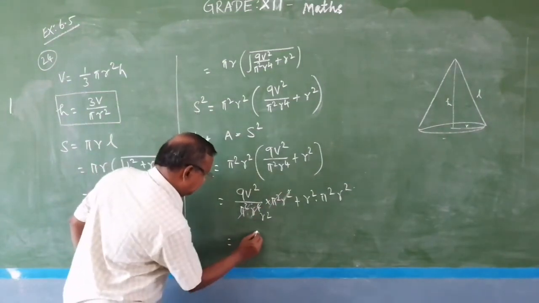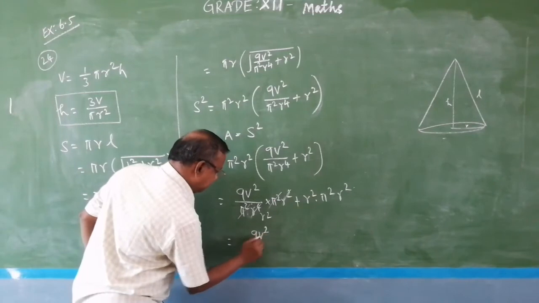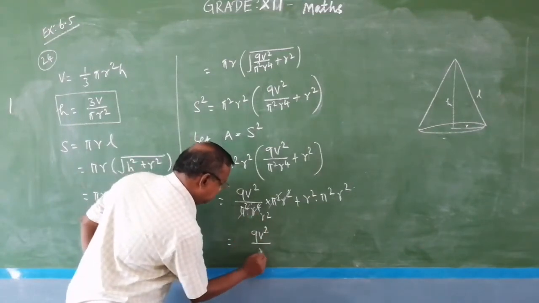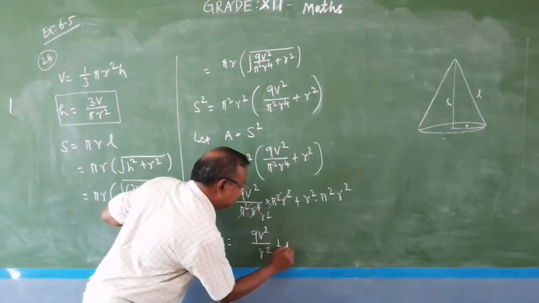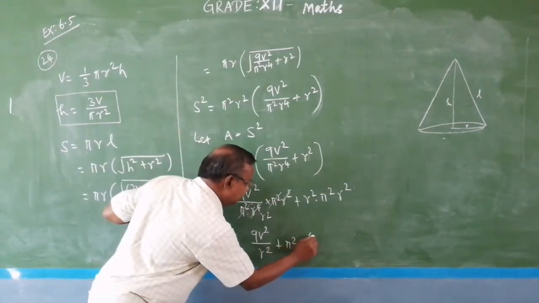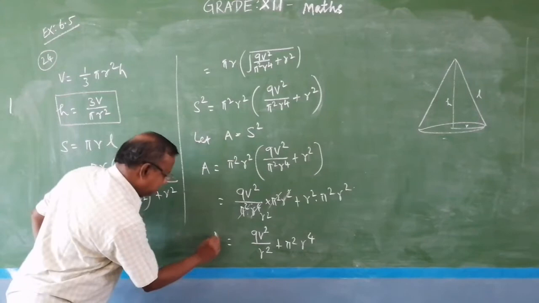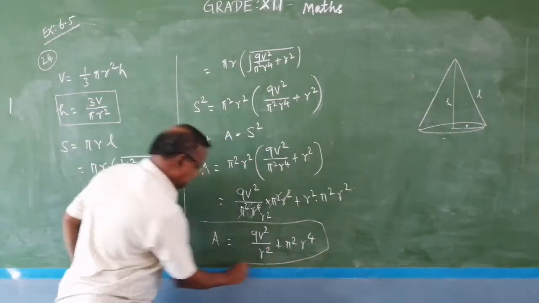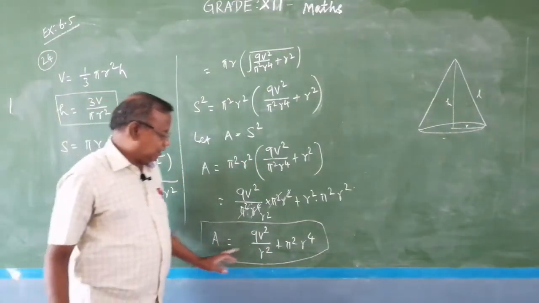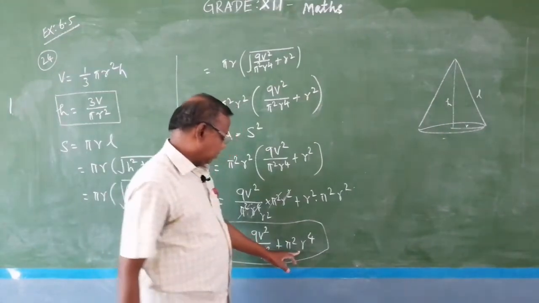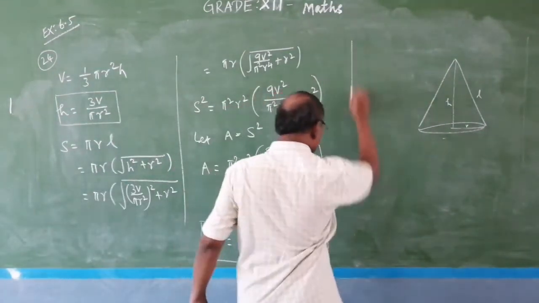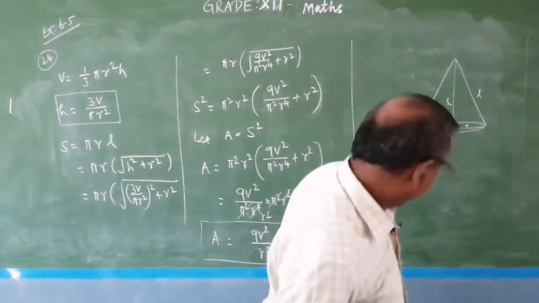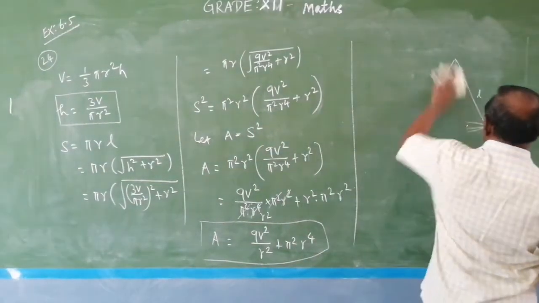So this is equal to 9V square divided by r square plus pi square r power 4. So this is A. Here A is a function of r. There is only one variable r because volume is given, therefore it is constant. Now we have to differentiate A with respect to r only.